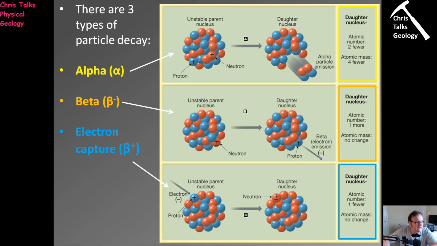So what about electron capture? Well, in the case of electron capture, we have a proton which gets struck by an electron. So you have a positive charge plus a negative charge. Well, obviously they cancel each other out, and you end up with a neutron. So in the case of electron capture, we lose a proton and we gain a neutron.